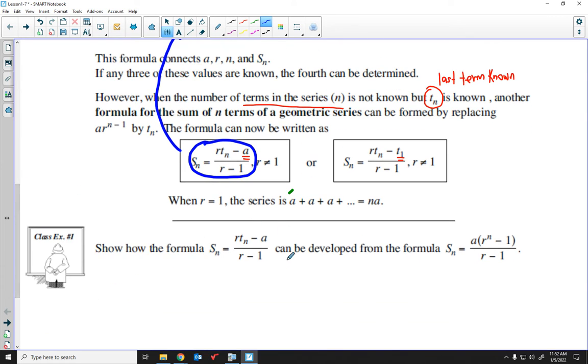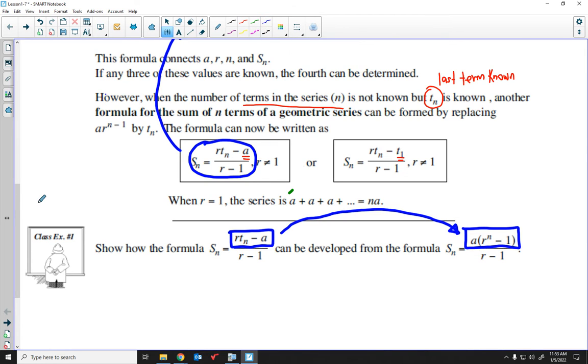If you look at the two equations, the denominators are identical: R minus 1, R minus 1. So really all I need to do is show that the two numerators are equal to each other. I need to show that R T of n minus A is equivalent to A times R to the n minus 1 in brackets. And we can do that quite easily.